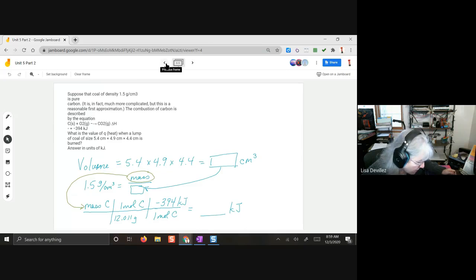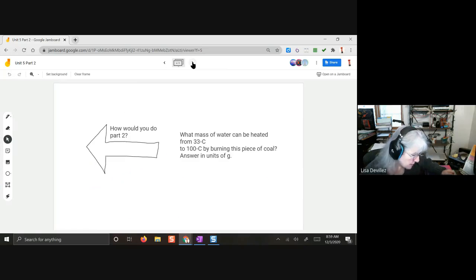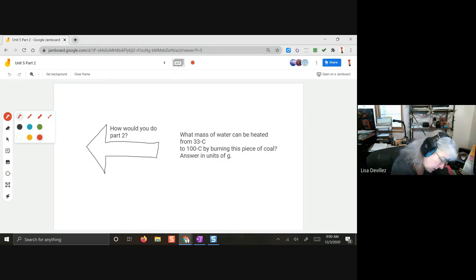All right, so here we're finding the heat that's generated by burning the coal. And then in part 2, it's water. So my C would be 4.18, right?